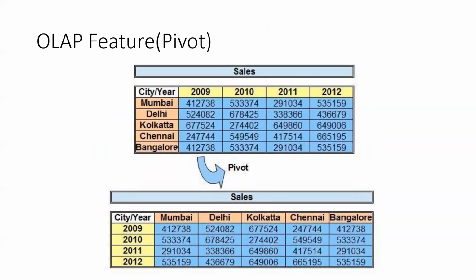We have the pivot over here. You can see there's a list report at the top, the sales table. We are representing the same sales table below, but pivoting it, I mean, transposing it.